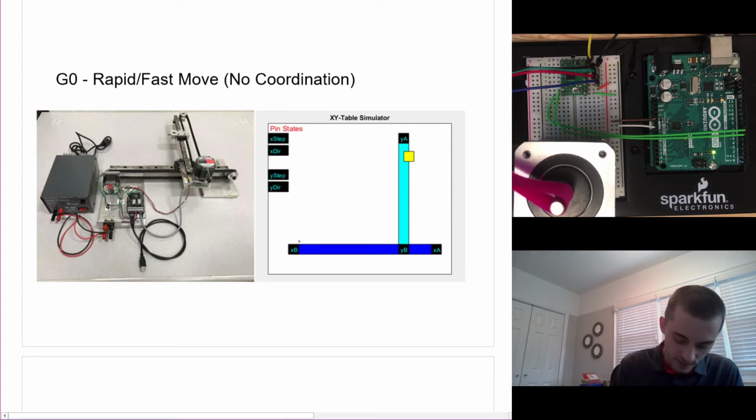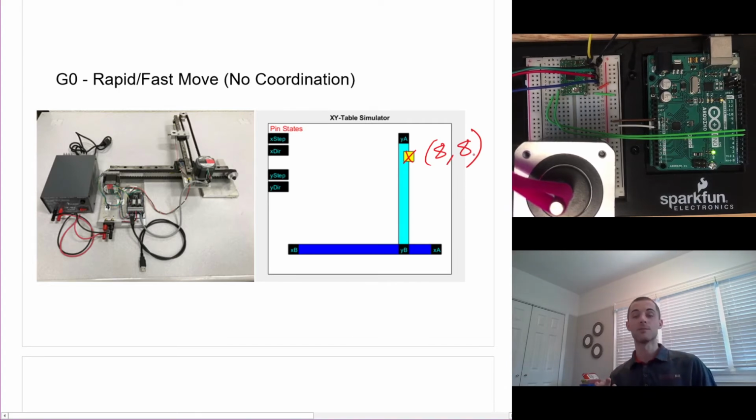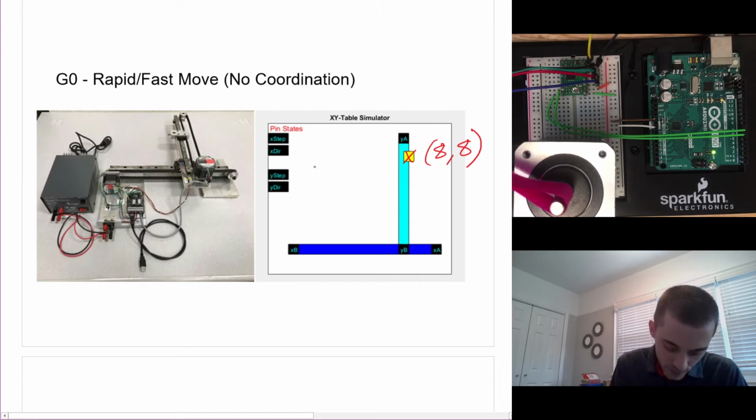So if I said, let's say I was starting at a position of 8, 8. I don't know that that's the actual position there. But if we were starting there and we wanted to move to a position over here, let's say this is a position of 1, 7.